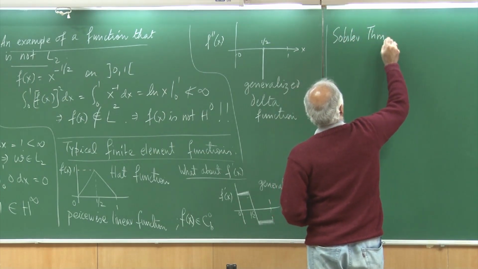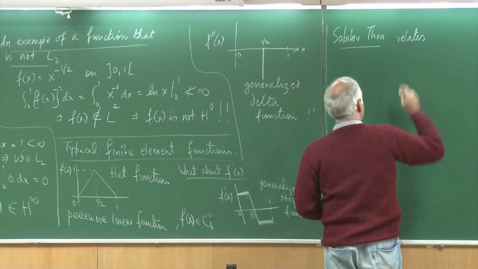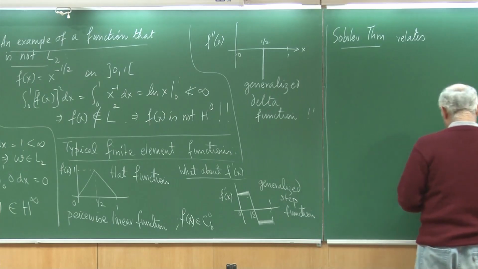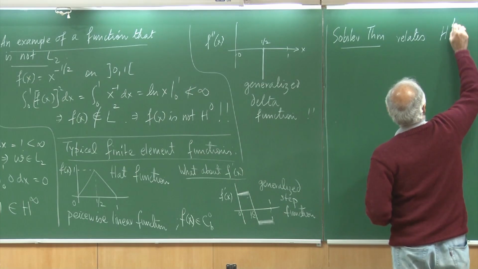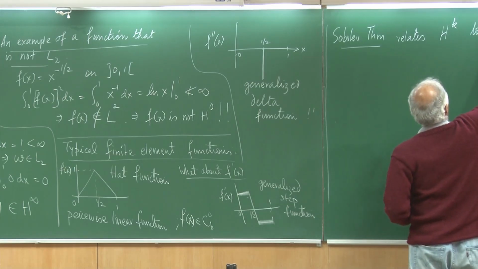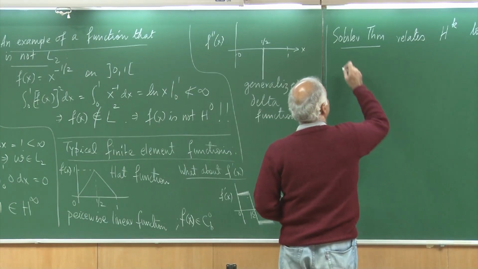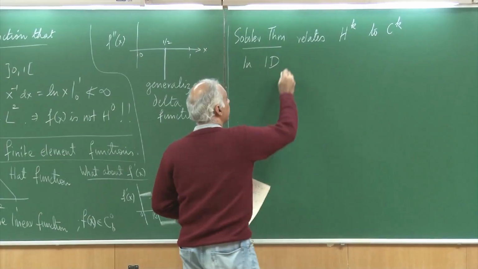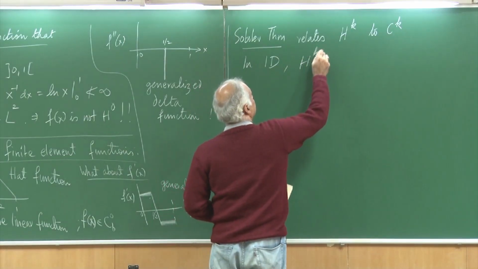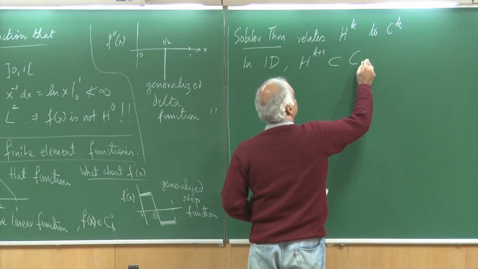So the Sobolev theorem relates Hk to Ck. And how? It says that in one dimension, the space Hk plus 1 is actually a subset of Cbk.